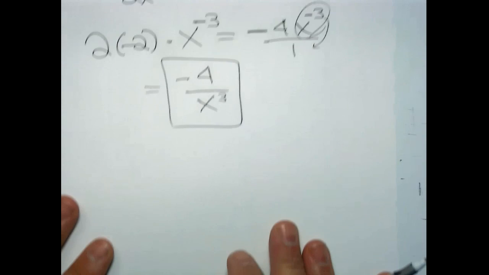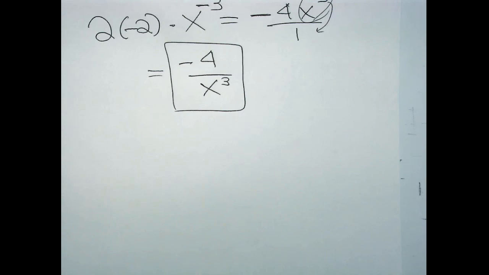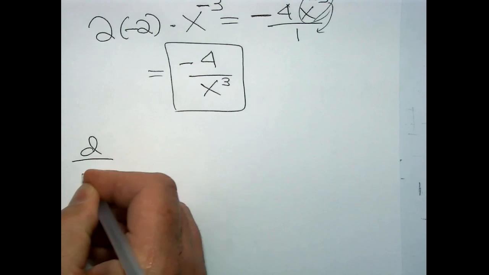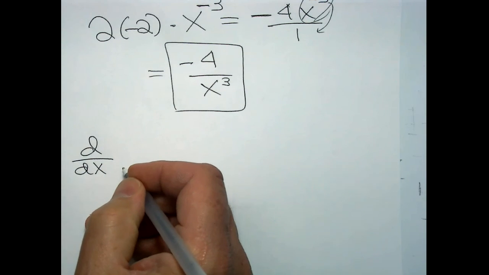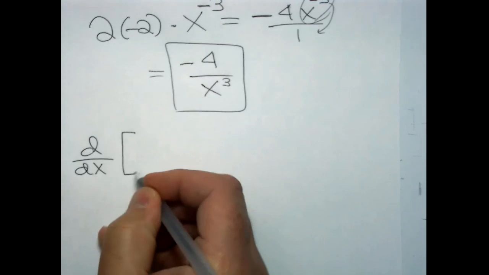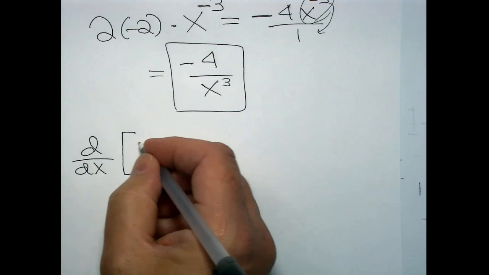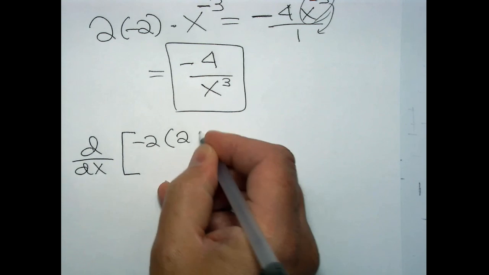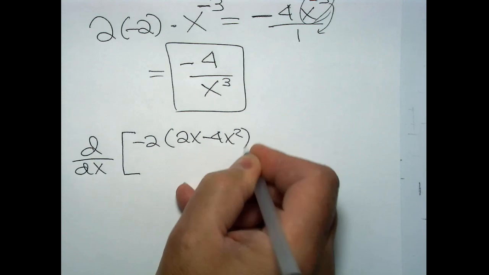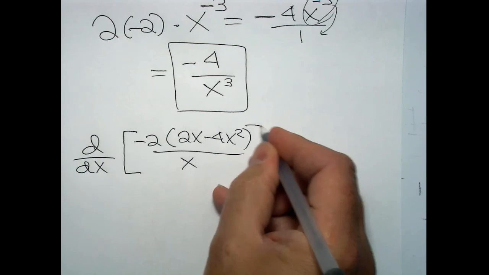Let's take a look at a couple of other problems like that. So take a look at this thing. Take the derivative of, let's say, 2x minus 4x squared all over x or something like that.